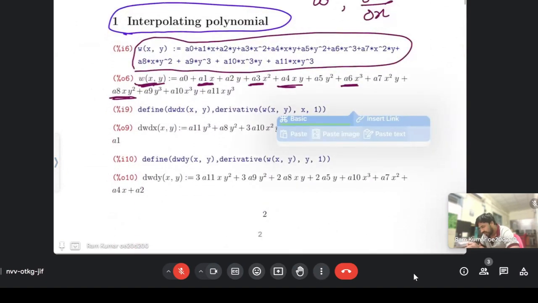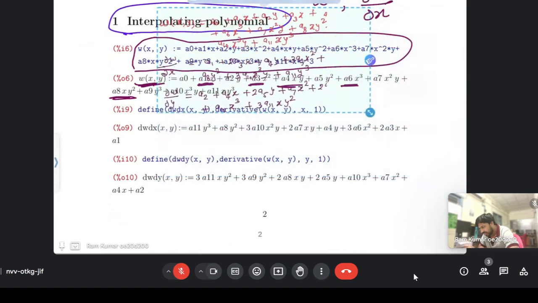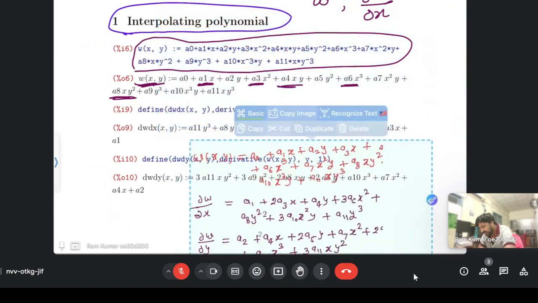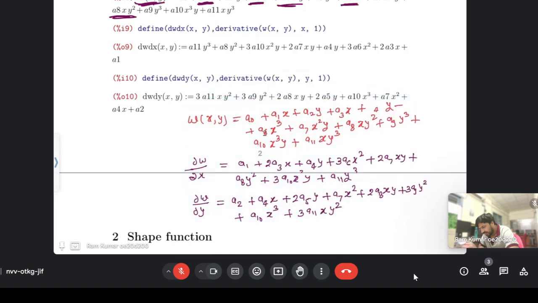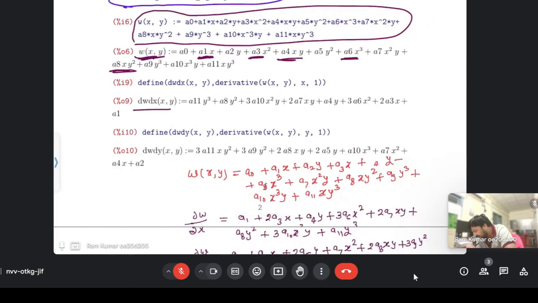I will copy paste this one. We can also verify, we are also getting the same, so that's fine. So now we got del w by del x and del w by del y.